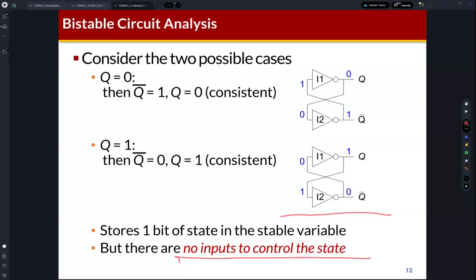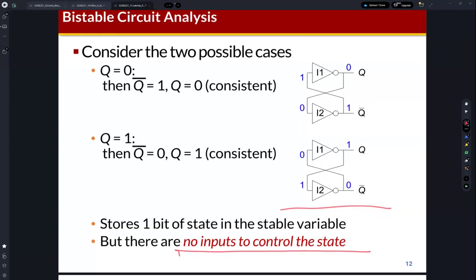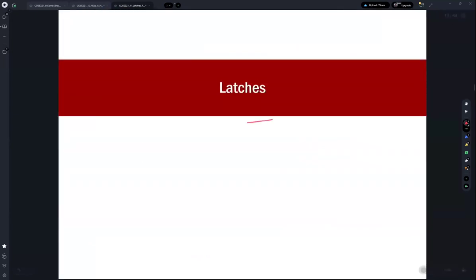We cannot control which data will be stored in this bistable circuit. Then how can we control memory components like the bistable circuit? We need to use the latch.